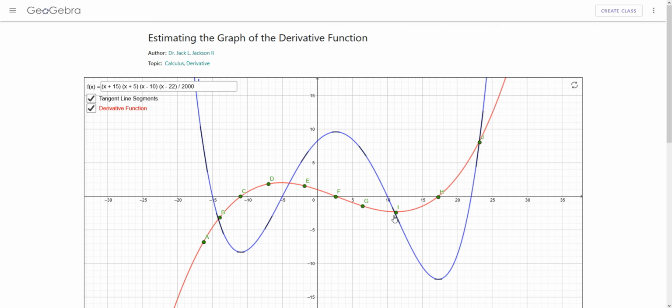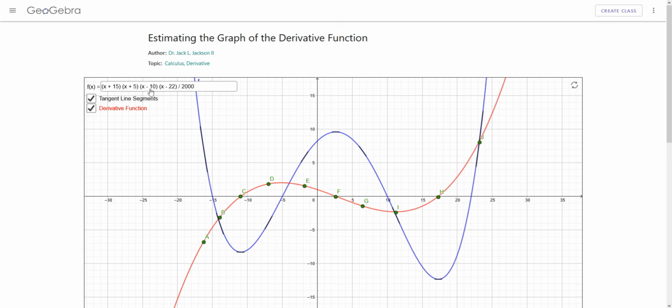And then we're still negative, so the original function is still decreasing, so the derivative is still negative till it hits this minimum. And from there on up, the original function is increasing and concave up, so the derivative is positive and increasing. In other words, above the x-axis and going up.